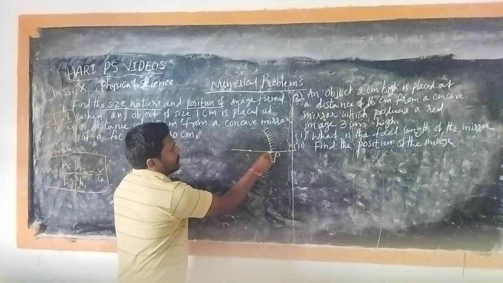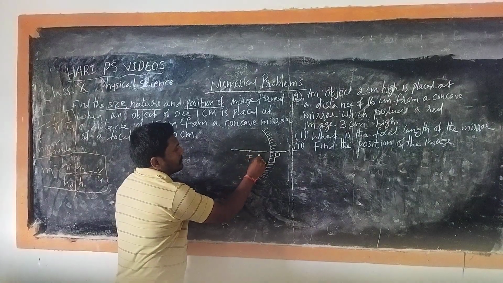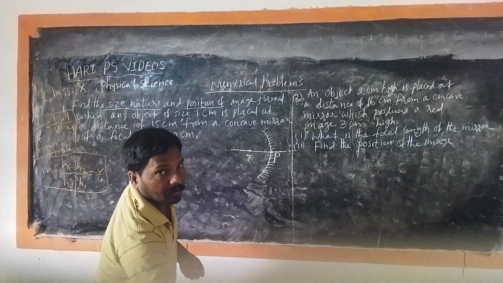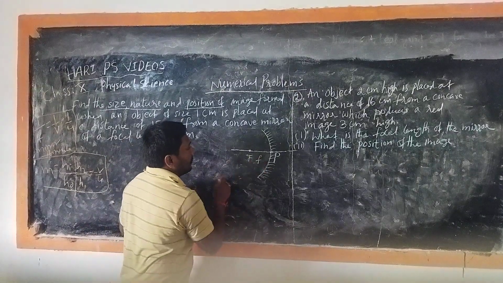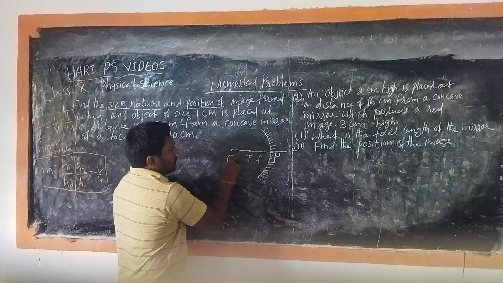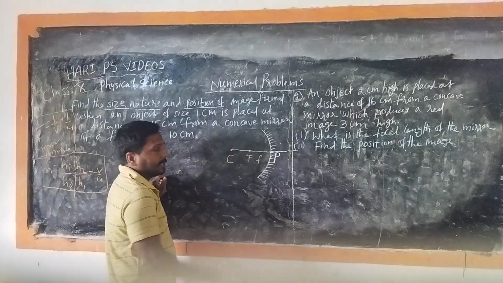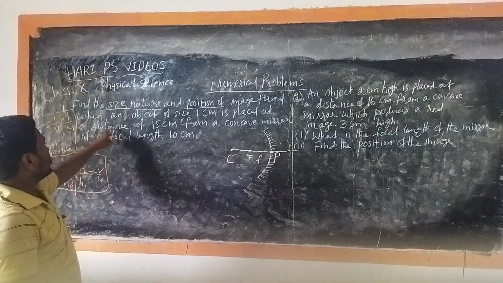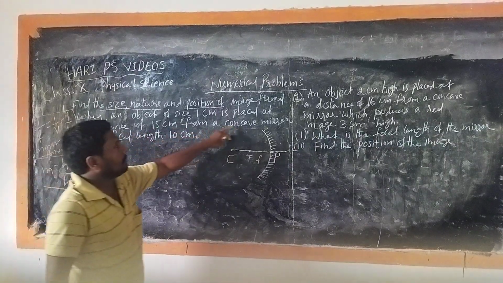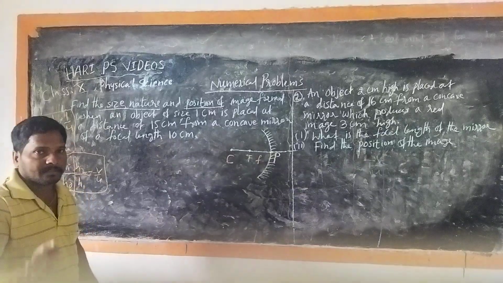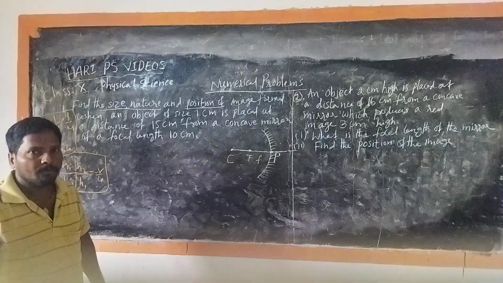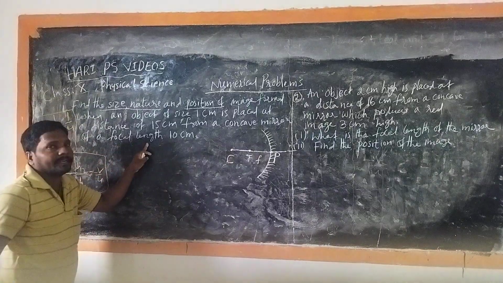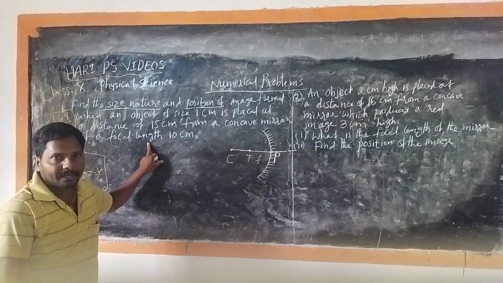The distance between the pole and the focus is called the focal length f, and this is the radius of curvature, the center of curvature. Now again, a distance of 15 centimeter from a concave mirror, of a focal length 10 centimeter.